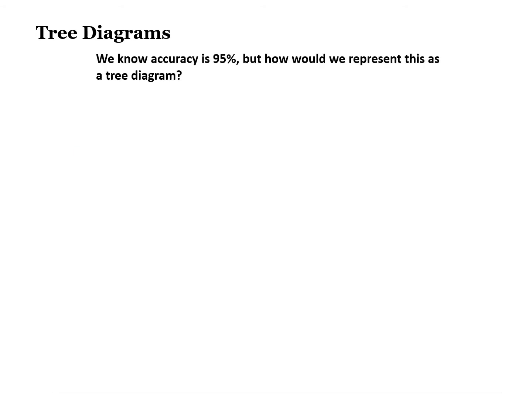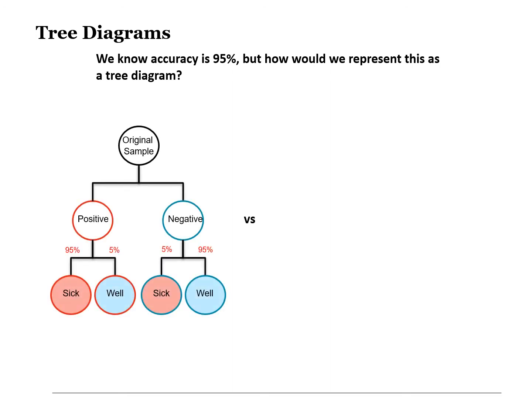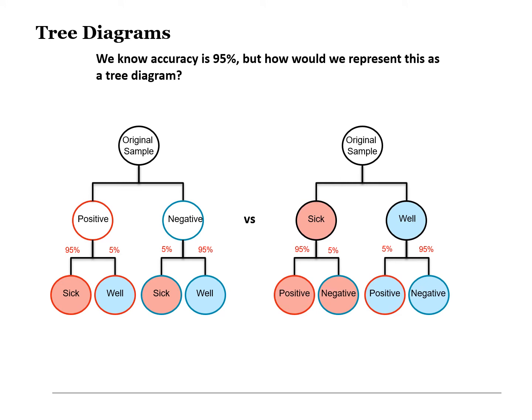So here we're going to look at two tree diagrams and work out which one of them has a place for our accuracy statistic. So the first one is on the left and the second one is on the right.